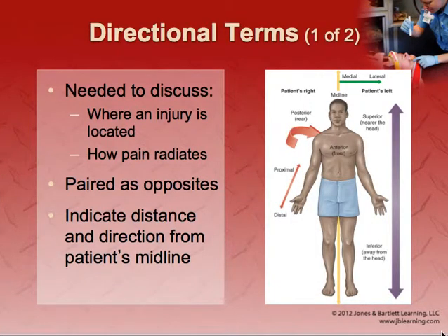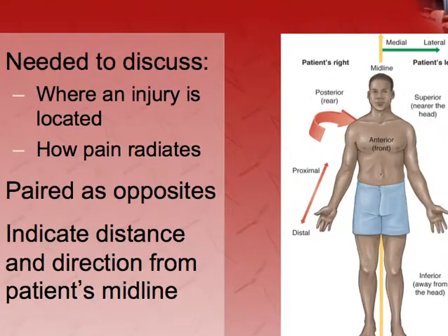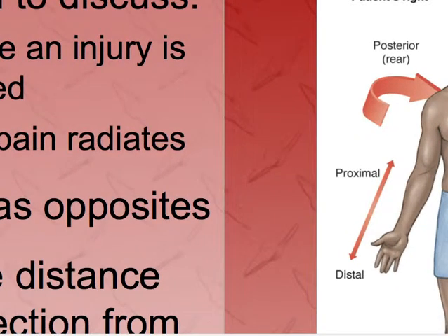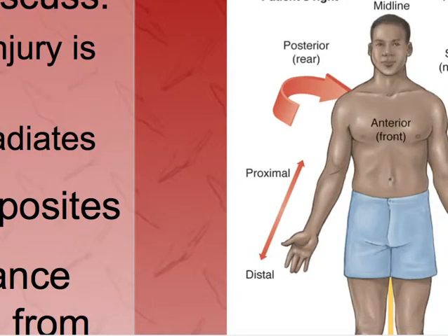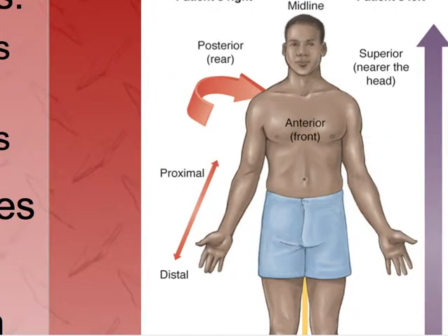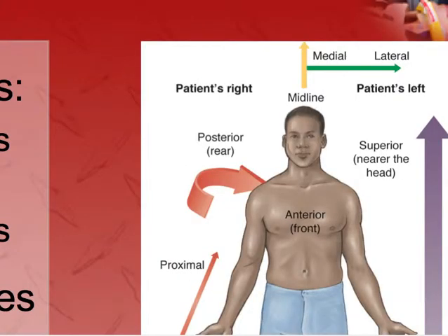So here we have some directional terms, and we need to know directional terms so that we know what people are talking about when it comes to where things are. We have medial, which is the midline. Anything towards the midline is medial, and anything away from the midline is lateral.